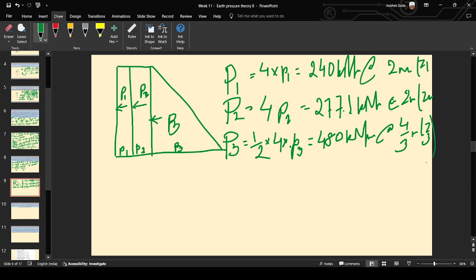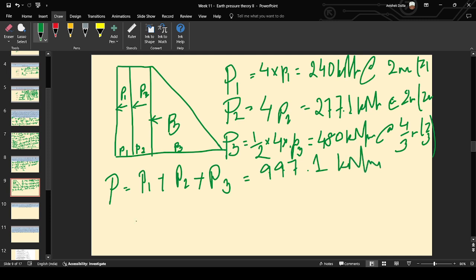So the total pressure P will be equal to P1 plus P2 plus P3, approximately 997.1 kilonewton per meter, acting at Z bar P. That will be equal to how much?